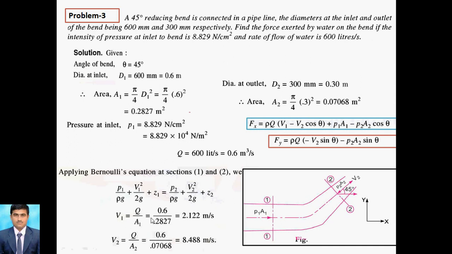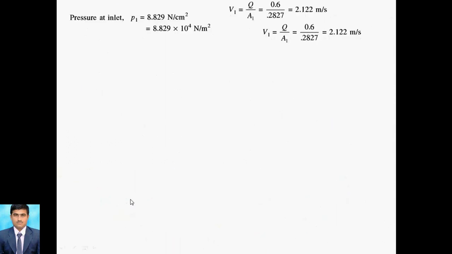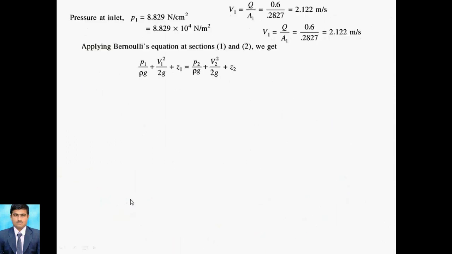So after putting the V1 and V2 and the Z1, Z2 values, we get the values of P1 and P2. P1 is known to you, V1, V2 are also known to you. Z1 and Z2 are the same because the pipe is horizontal, so that cancels out.